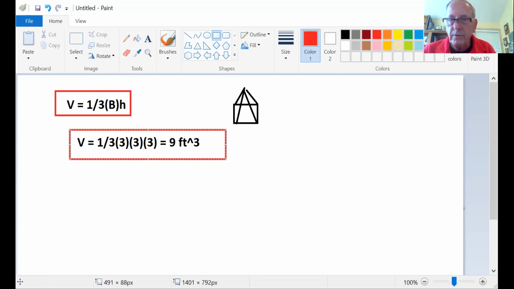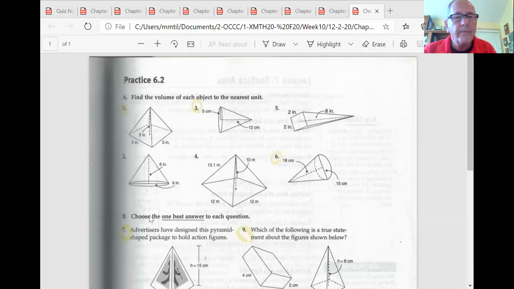So let me stop sharing. Let's do one more. Let's do a cone. Let's do number 2. So it's 6 and 9. Okay, so stop sharing that, and share, go here.